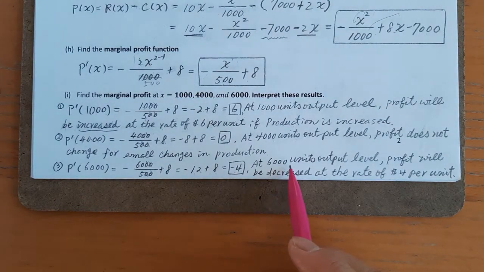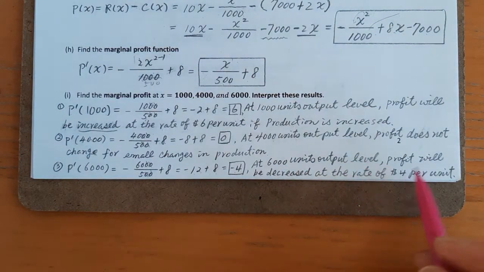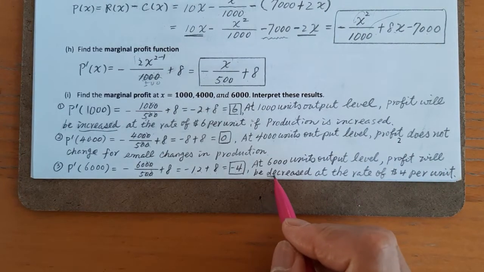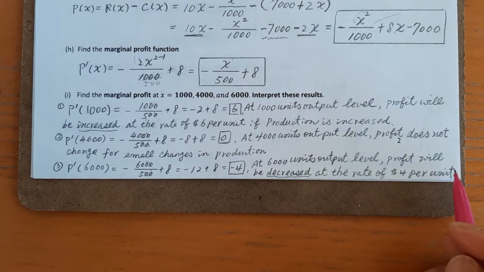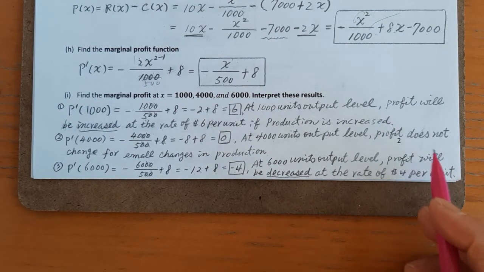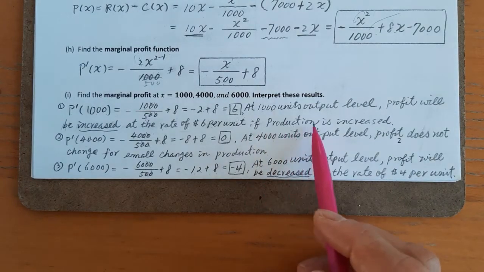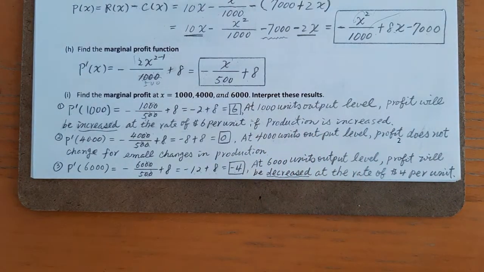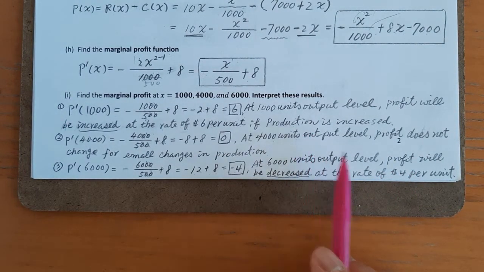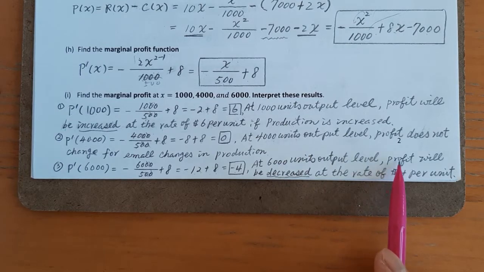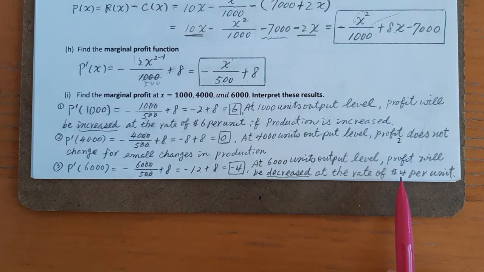So at the 6,000 units output level, profit will decrease because it's negative, at the rate of $4 per unit if production is increased. Production increased by 1 unit, and the profit decreases by $4.